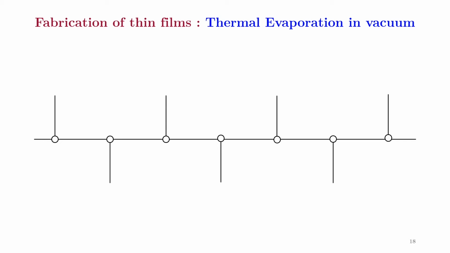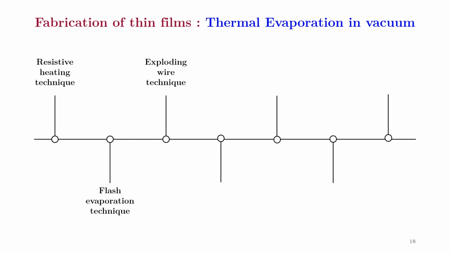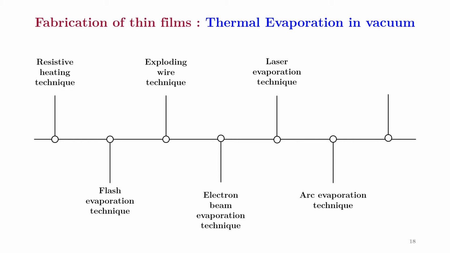There are several important methods of thermal evaporation techniques. Some of them are resistive heating technique, flash evaporation technique, exploding wire technique, electron beam evaporation technique, laser evaporation technique, arc evaporation technique, and radio frequency evaporation technique.